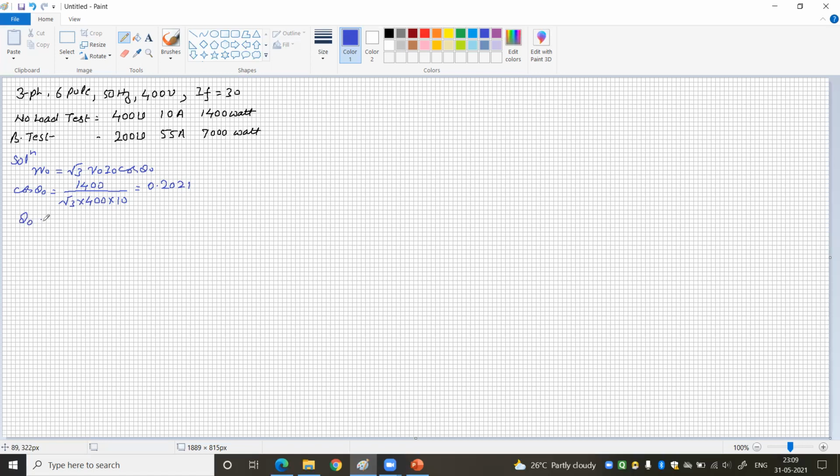Therefore, θ0 is equal to cos inverse of 0.2021, which is 78.34 degree. This is very important data to start drawing the circle diagram.